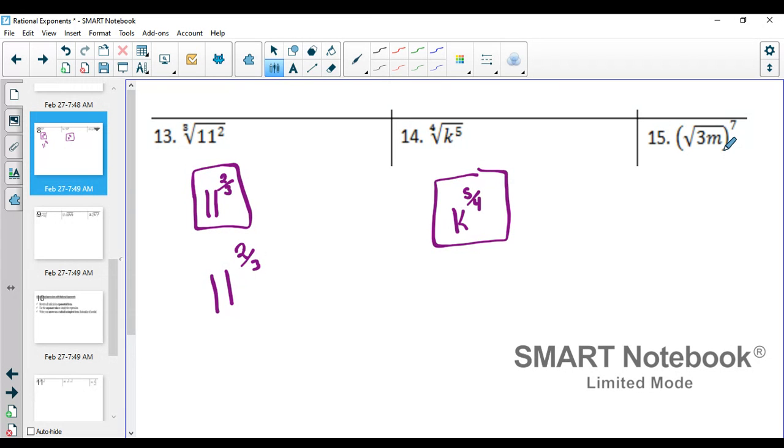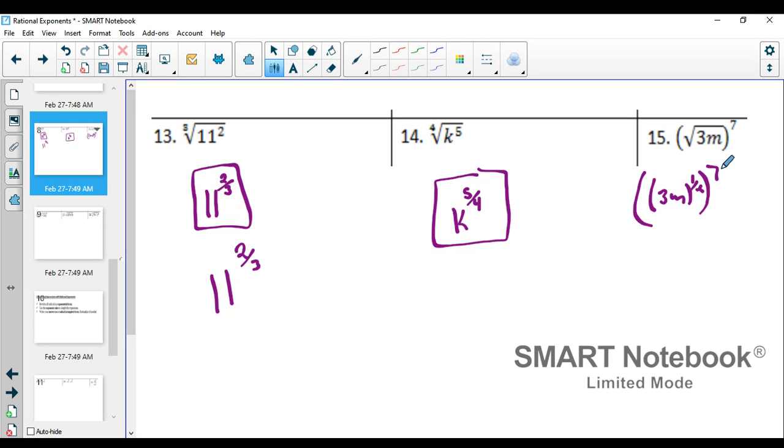Now, for 15, we have the quantity of the square root of 3m to the 7th power. The square root is the fraction 1/2. So if we want, we can make this 3m to the 1/2, then all of that to the 7th power.